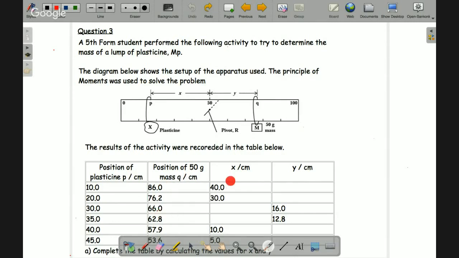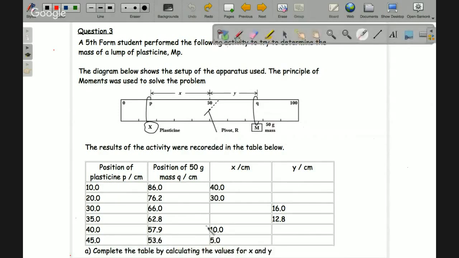So now when they ask to complete the table, I actually have the question kind of hidden. Let me just move it a little bit. The question says to complete the table by calculating the values of x and y. So we want the distance from this point to that point and the distance from this point to this point. x is given to us in the first instance and we can verify it.